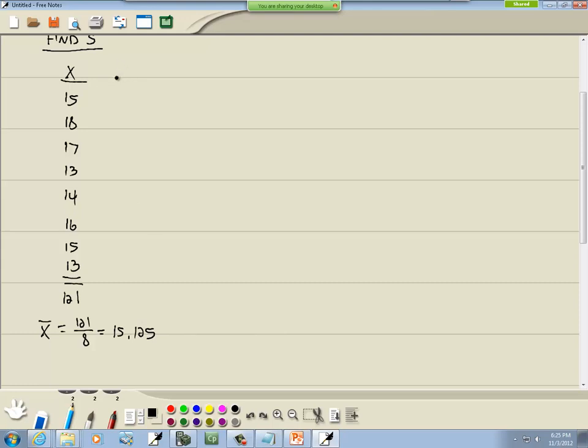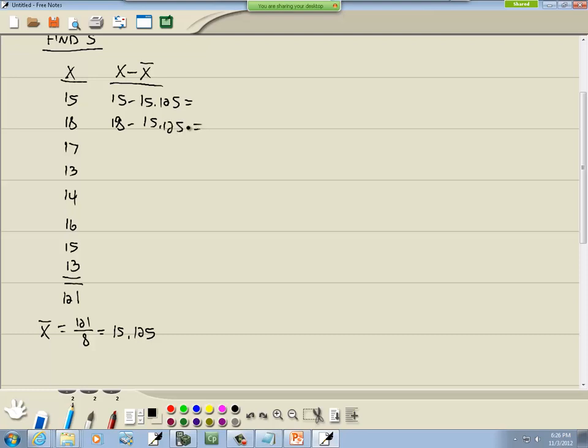Well, then I need a column, x minus x bar. So I'll take 15 minus 15.125. I'll be doing this here shortly with the calculator, so you don't have to do this part by hand.